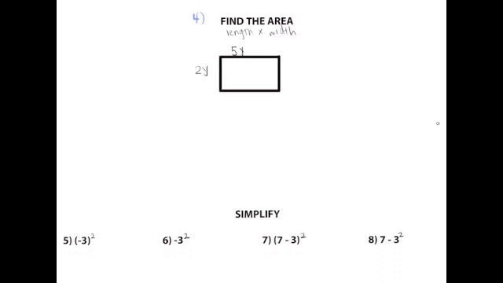So I have length times width, which would be 2y times 5y. I have a mix of numbers and letters, so do the numbers first. 2 times 5 is 10. Then I have the y's, so keep the y as a base. And then we have one y and another y being multiplied together. There's 2 of them. So this becomes 10y squared.